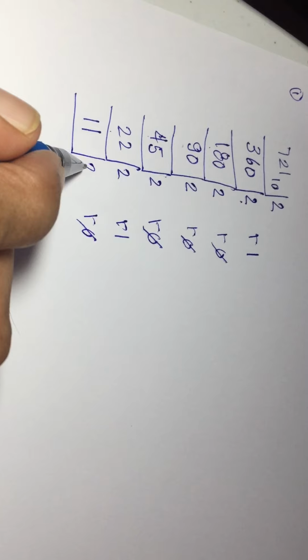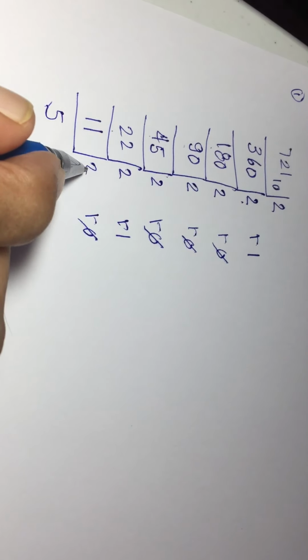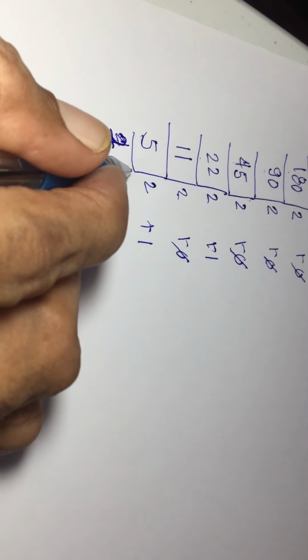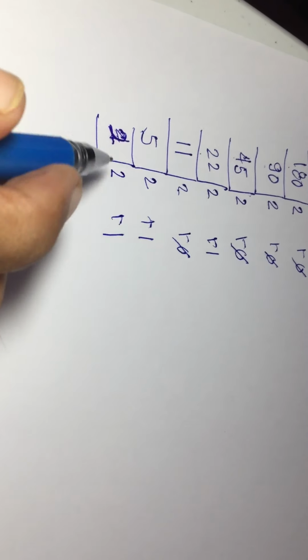So, how many 2's are there? So, there is 5. 5 times 2 is 10. Minus 11, we have remainder 1. Ayan. Then 2, there is 2. 2 times 2 is 4, minus 5, we have remainder 1. Okay. And then, if we have 2, ayan.